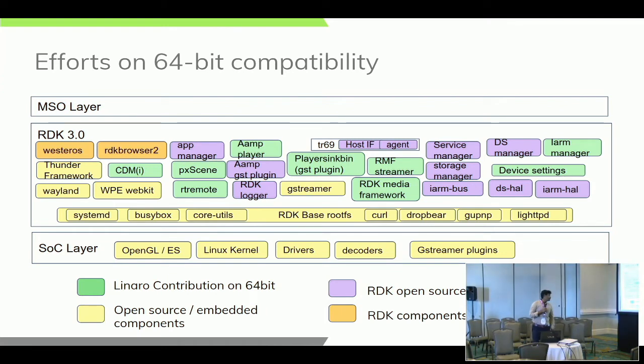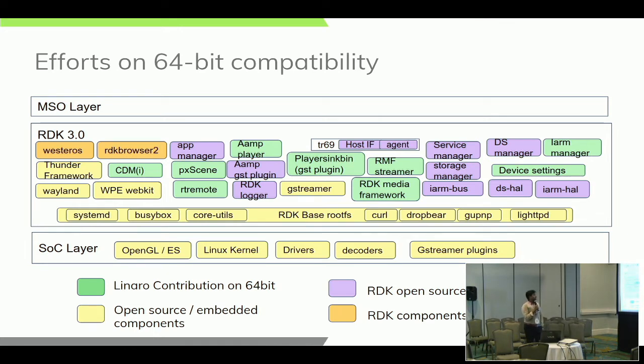So this is the overall architecture of RDK. The media stack contains the GStreamer media framework. Over that, it implements the media framework for RDK that has several source and sink components for QAM, IP and DVR.